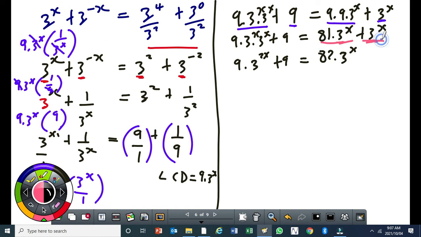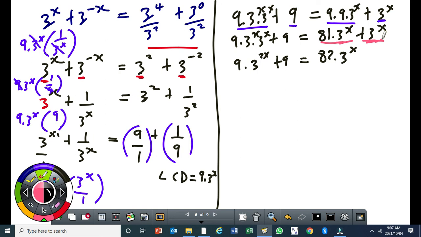That's my question. They are like terms because the exponential term is the same. So 81 times 3 to the power of x plus 1 times 3 to the power of x will give me 82 times 3 to the power of x.